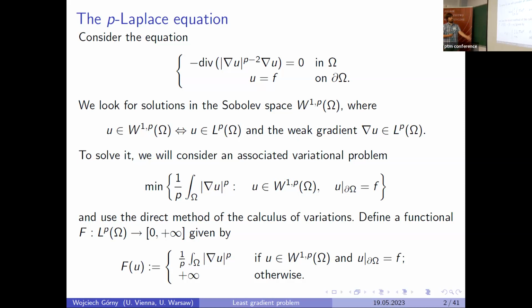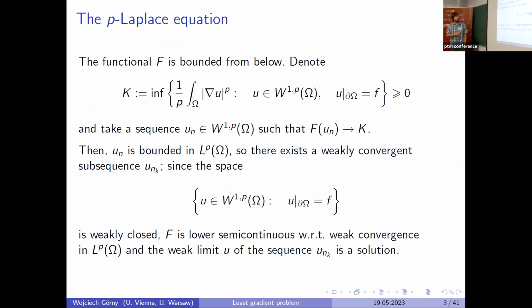What we can do to find a solution of this problem, the classical tool, is to use the direct method of the calculus of variations. So let me briefly say how this works and what won't work later. We define a functional which is written here, with plus infinity if this condition on the right-hand side is not satisfied. And it is positive, so it is bounded from below.